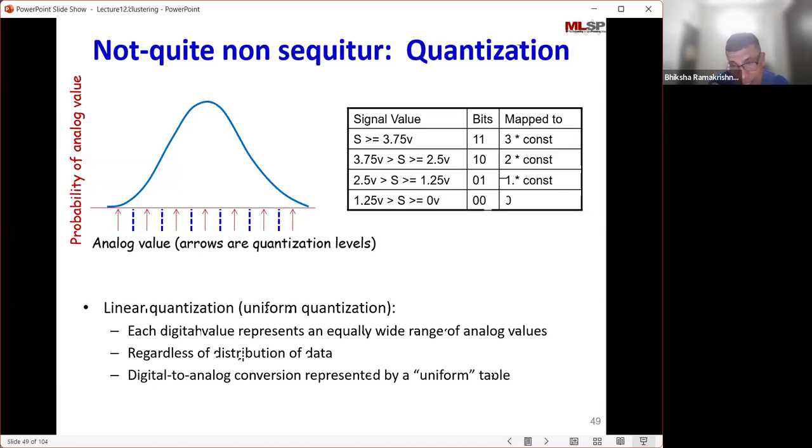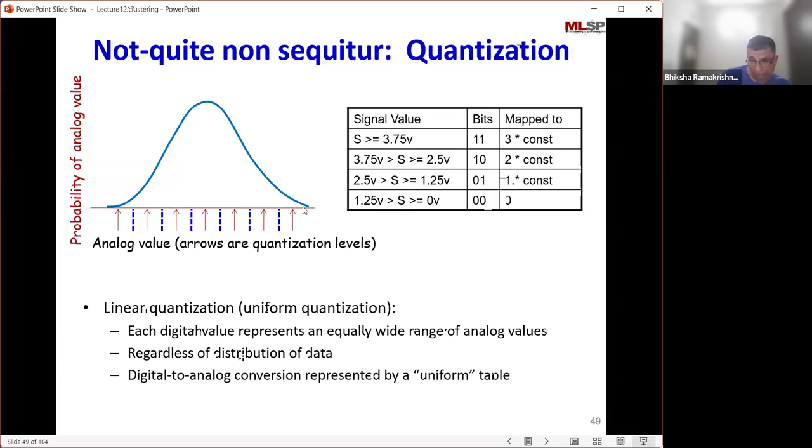But intensity is a continuous valued variable. It can be anything between some minimum value and some maximum value that you can sense. On the other hand, you use only 8 bits to represent R or G or B. 8 bits can only represent 256 values. Intensity itself can take any value over here.